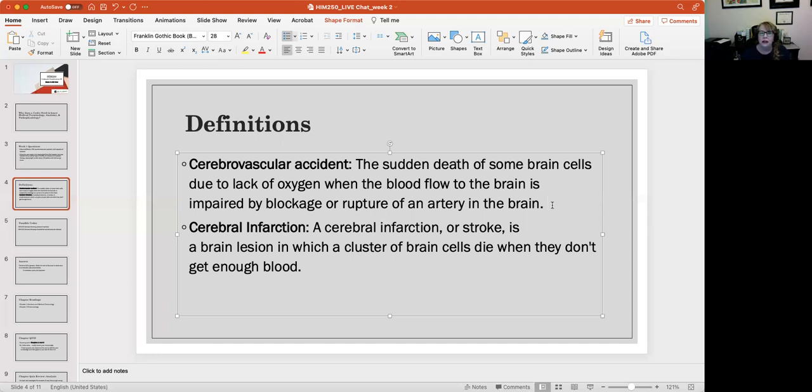You'll notice that the definition of the CVA has an "or" in it. We don't know if the CVA was ischemic or hemorrhagic. But I can promise you there should be something in this patient's record that explains that, or if there was an infarct.